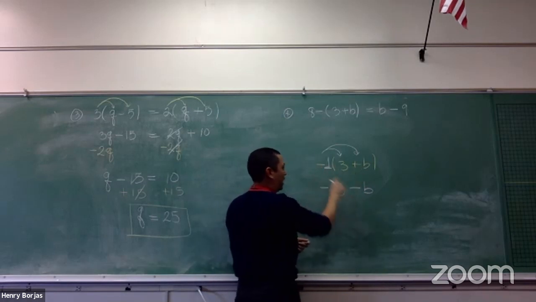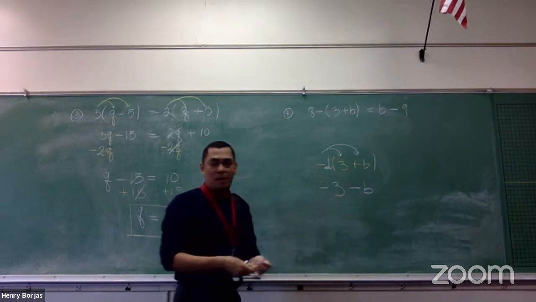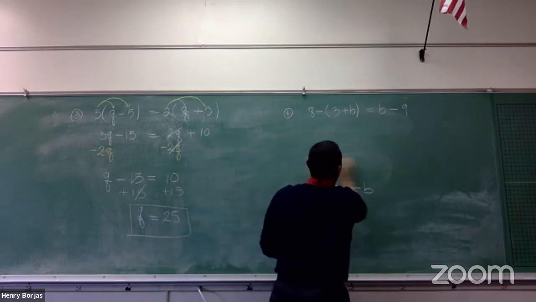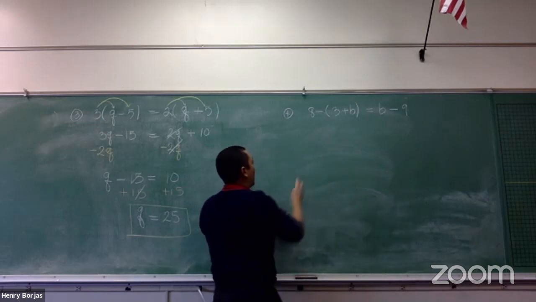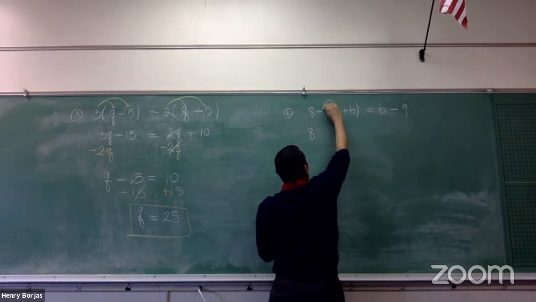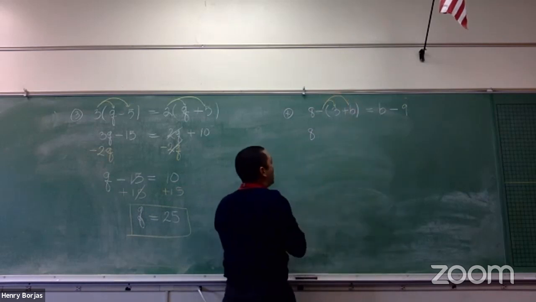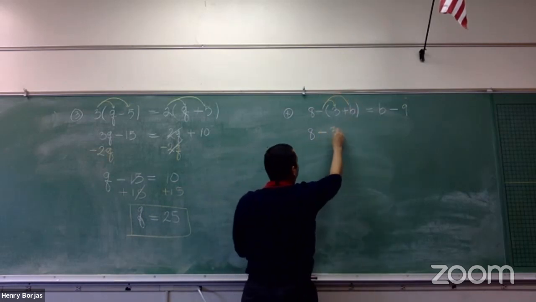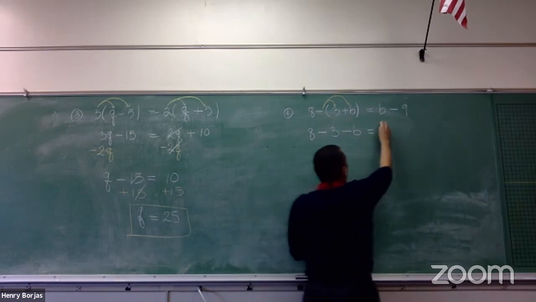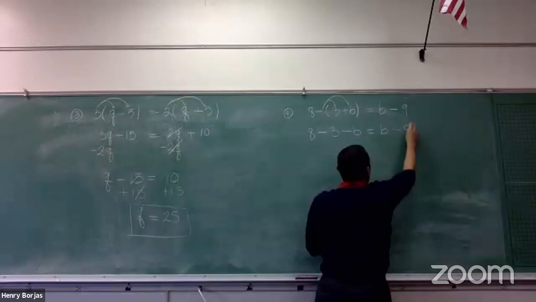Negative and positive is negative. And we know that multiplying by 1, you're going to get the same number. So in this case, I have A, and we apply -1 times 3, -1 times positive B. So you have A minus 3 minus B equals B minus 9.